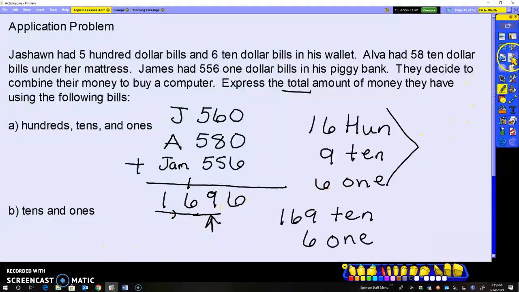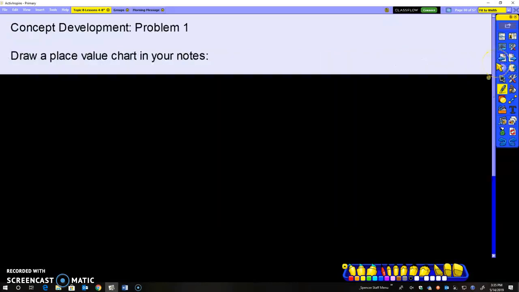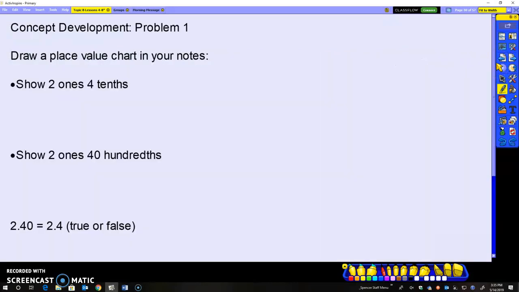We're going to be looking at showing our different place values in different units here. So you're going to need to sketch out a place value chart, and I have to do mine too, so I'll give you a minute.